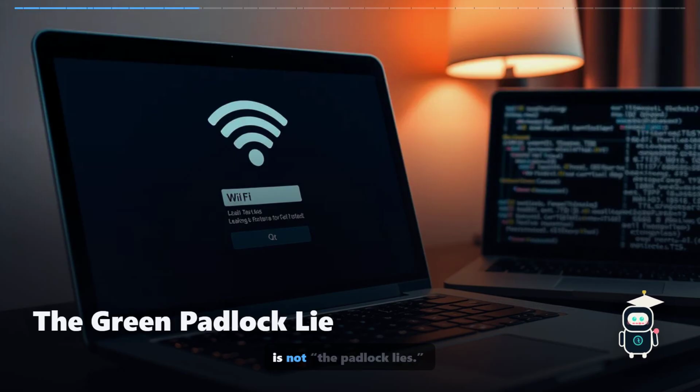The lesson is not "the padlock lies." The lesson is, understand what the padlock protects, verify the destination you are connecting to, and treat warnings or unexpected login prompts as signals to stop and investigate.